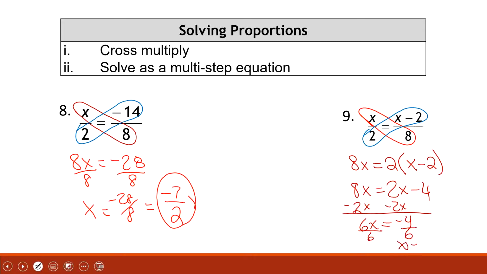So my x is going to equal negative 4 over 6, which again I can reduce to negative 2 over 3. So that would be our answer for that example. So I hope that makes sense. We're just cross multiplying top of one side to the bottom of the other on each side, then solving as a regular equation.